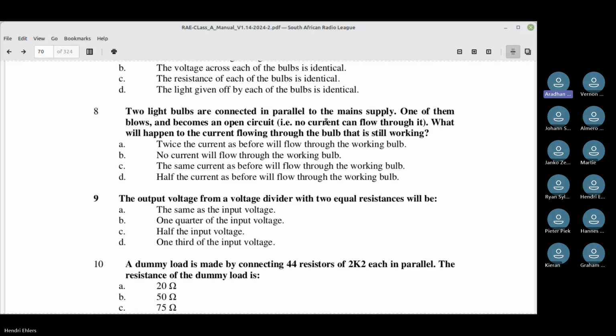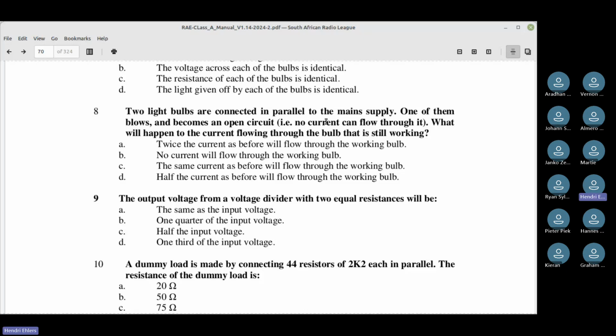Sir, I would disagree. So there's no resistance on that one light bulb that has burnt out, so all the current would flow through the remaining light bulb, I would assume. Yeah, you see, the thing is that we can actually calculate this, but in parallel, if you measure the current in series with the whole circuit, the current will drop by half.